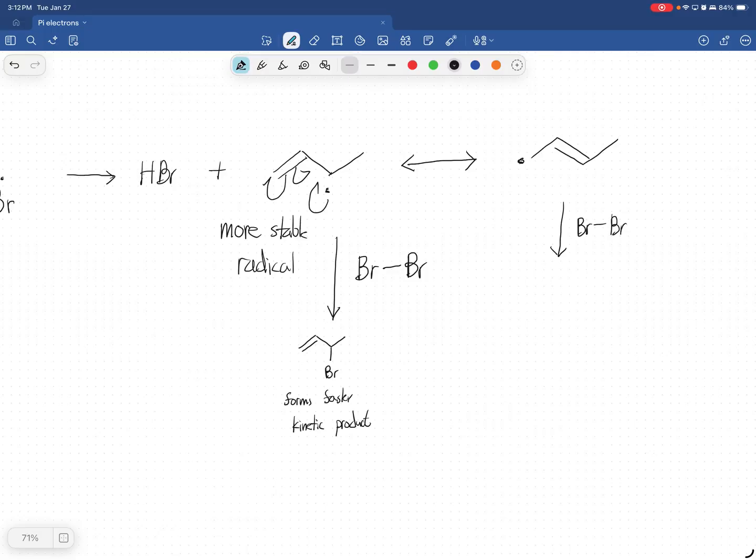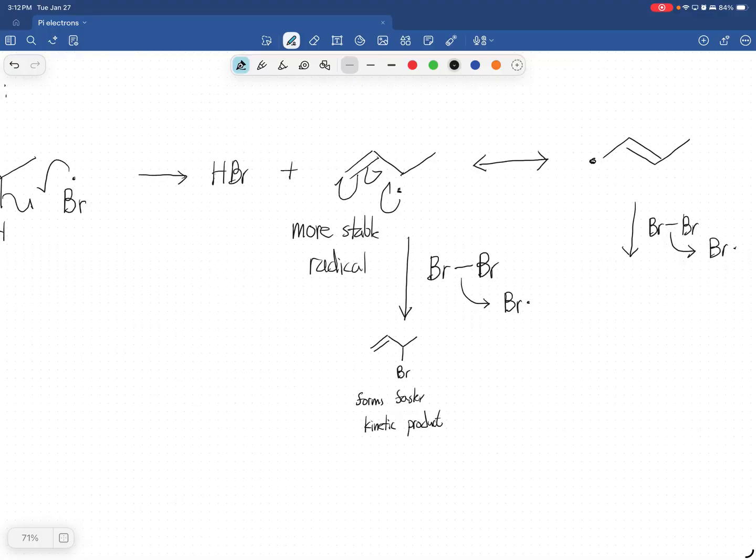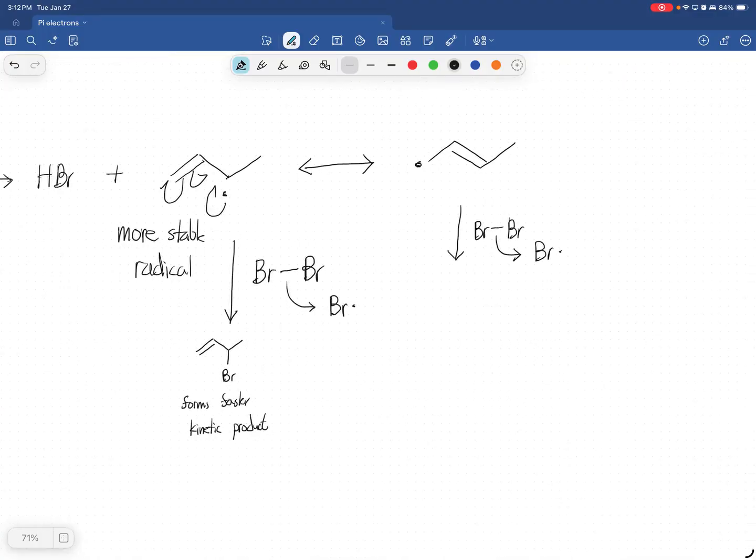So what this radical is doing, it's going to regenerate here, and then what comes out of here is Br radical. So you're substituting bromine for this reaction. So bromine radical is going to come out of the reaction and regenerate that radical, go back to this original step here. Now here we get the bromine at this position.